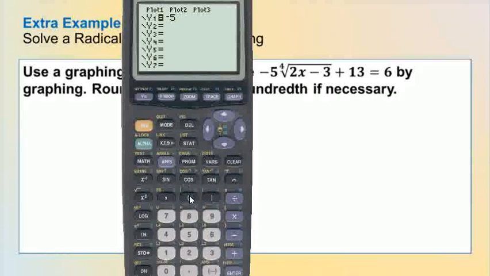So I'm going to do parentheses 2x minus 3 and parentheses, and I'm going to raise it to parentheses 1 divided by 4 and parentheses, and then it's going to be plus 7 because I'm subtracting 6 on both sides.